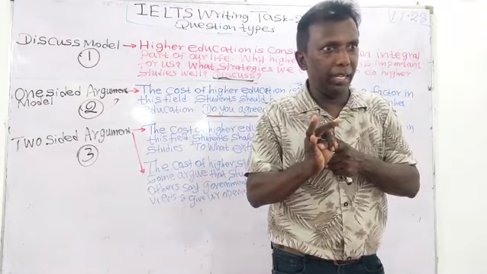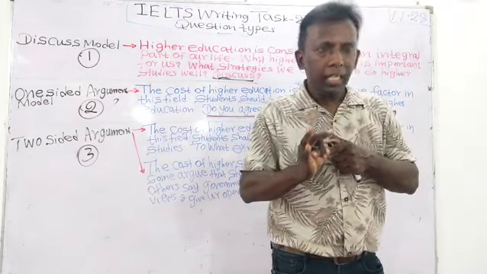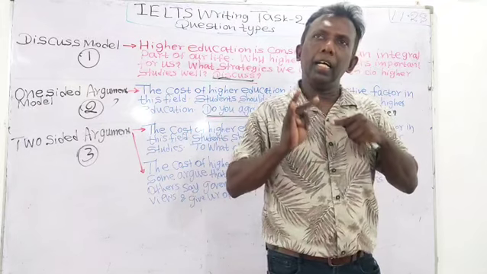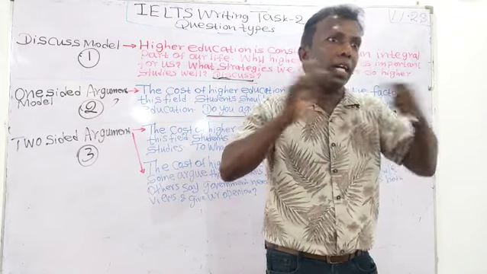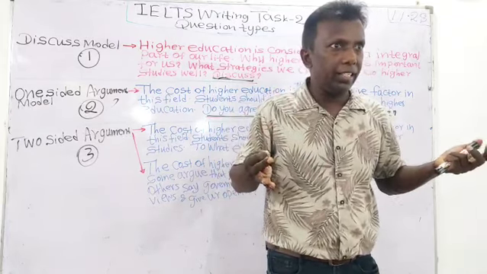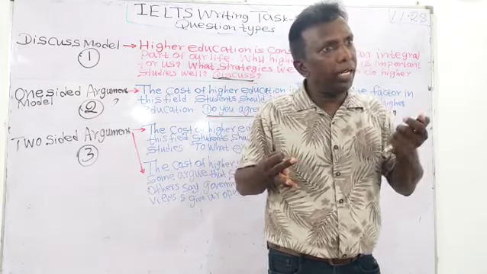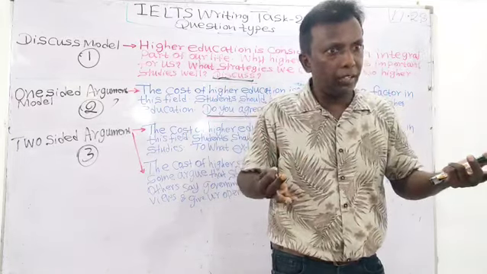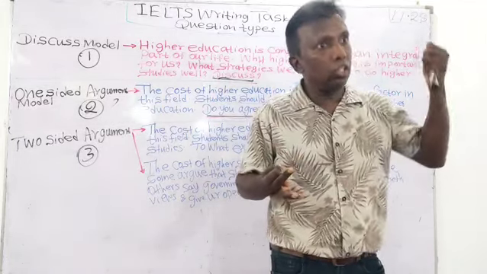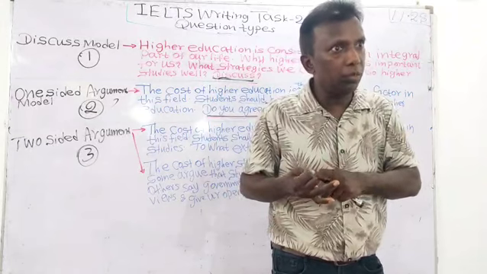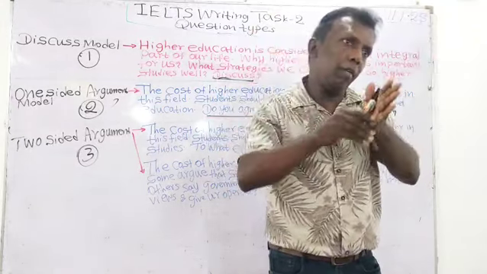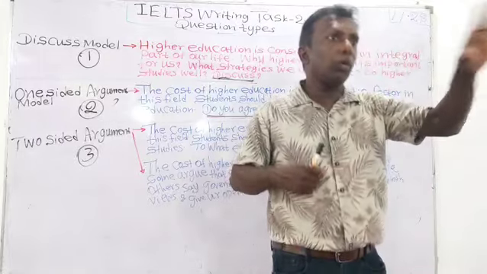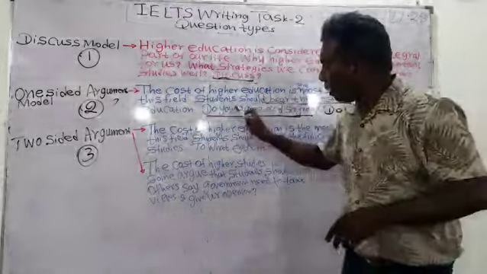Again, some poor governments, poor states can't afford free higher education for everybody. So then students should take that responsibility. Likewise, you can select a few facts and explore them to support this argument.